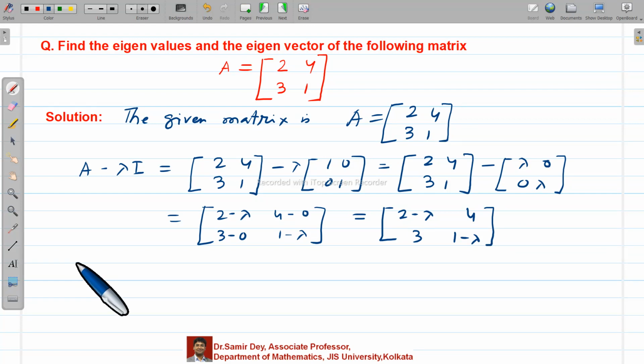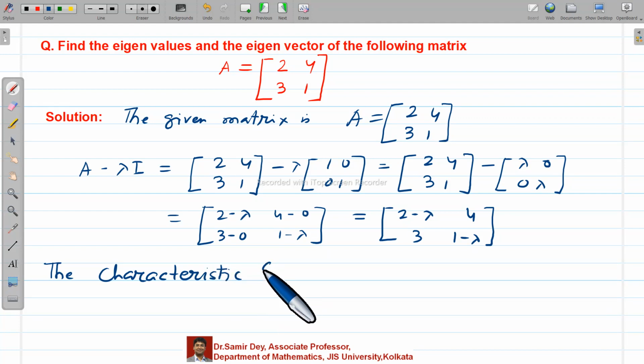Okay. So next you write down the characteristic equation. What is your characteristic equation? Determinant of A minus lambda I equal to 0. This is very important.